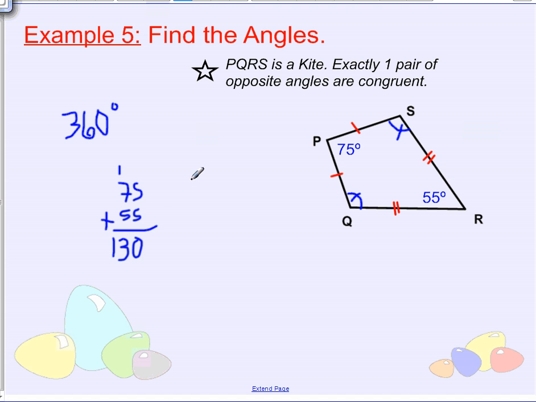Then we would take 360, subtract 130 from it, because that will get us the amount of angles between the two.